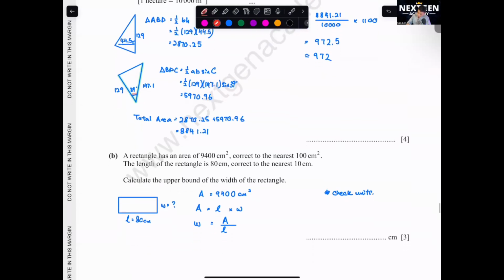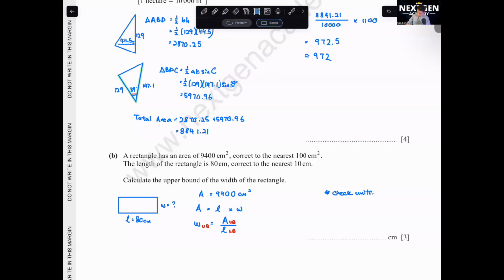And then we want to find what is the upper bound of width. What is the combination when we take one value divided by another value, where we want to find upper bound? Okay, we'll take a big value divided by a small value. So upper bound divided by lower bound. Okay, not upper divided by upper. Okay, it's upper divided by lower.